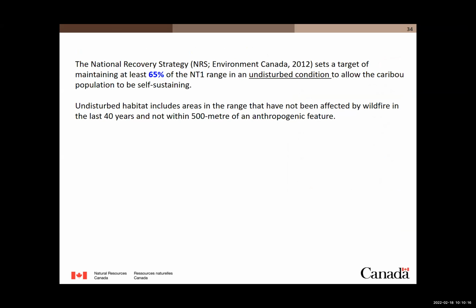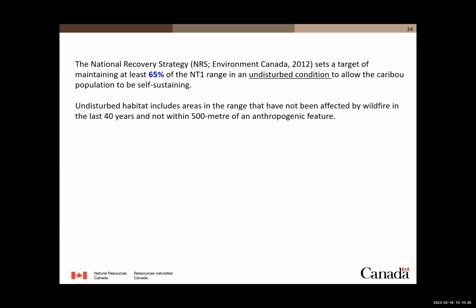So for some background first, the National Recovery Strategy by Environment Canada sets a target of maintaining at least 65% of the NT1 range in an undisturbed condition to allow the caribou population to be self-sustaining. Now, undisturbed habitat includes areas in the range that have not been affected by wildfire in the last 40 years and not within 500 meters of an anthropogenic feature.